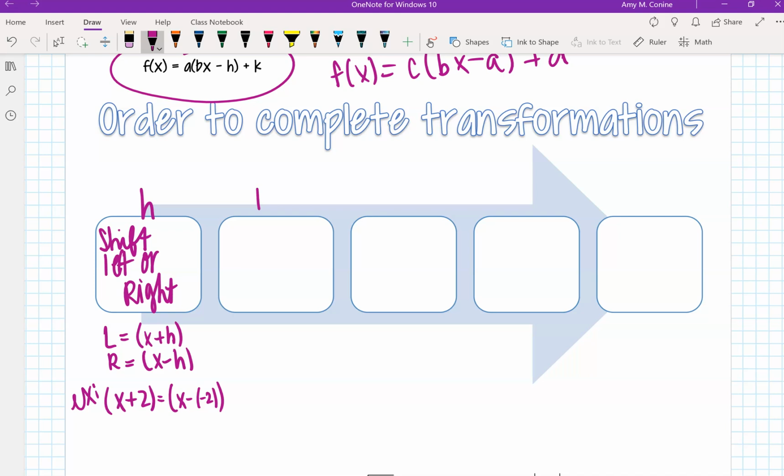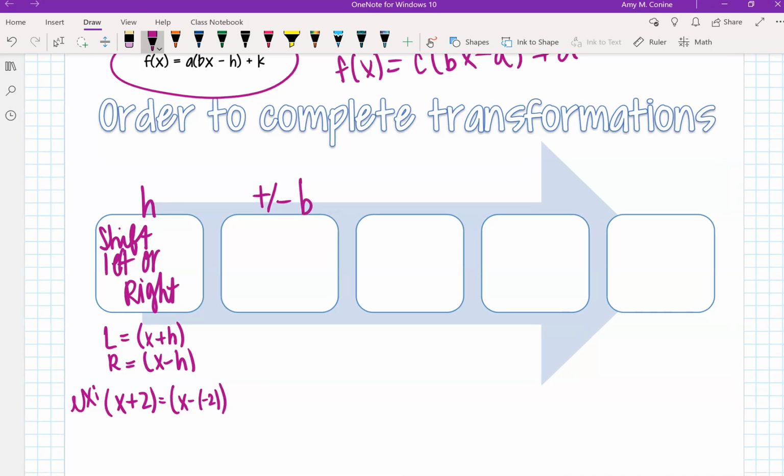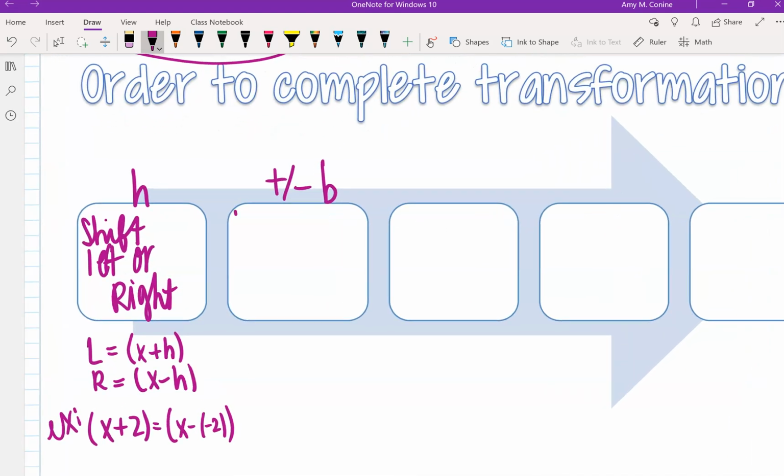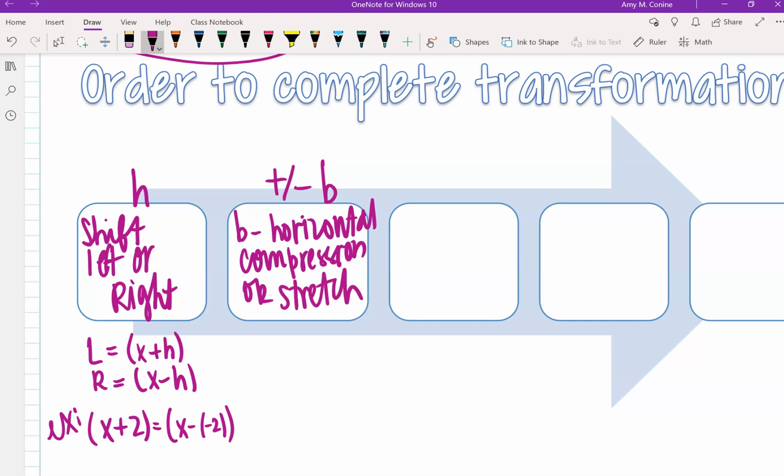So then the next thing we're going to take a look at is this b out front. There's a couple things that you need to take a look at. So this is really 2 steps in one. So plus or minus your b. So the b itself is a horizontal either compression or stretch. Okay, so it's stretching along your x-axis.